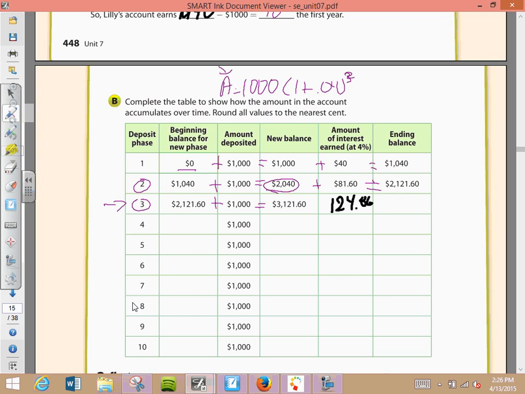You add that to whatever you have now, and it gives you 3,246.46, not 86. What am I saying? 46, right? Is that what you got?